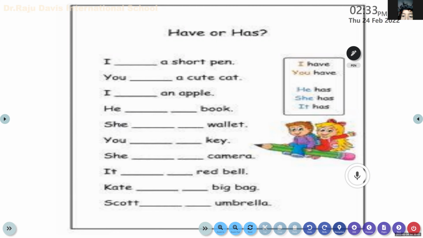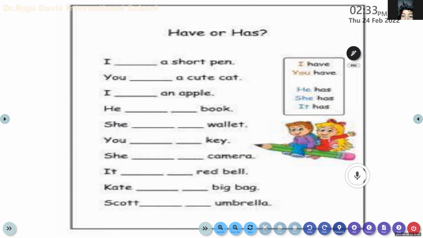I have a... what is written here? Short pen. Children, please do listen that this exercise is not there in your workbook. Okay. A short pen. Very good, Badri. I have a short pen. Very good.